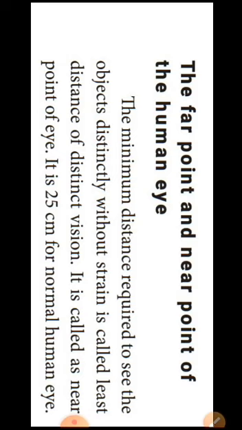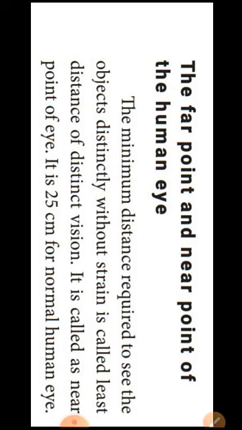So what is the near point of the eye? This is a 2 mark question. The answer: without any strain, the human eye is able to see the near object clearly. That is the near point of the eye. In a normal human eye, the near point is 25 centimeter.